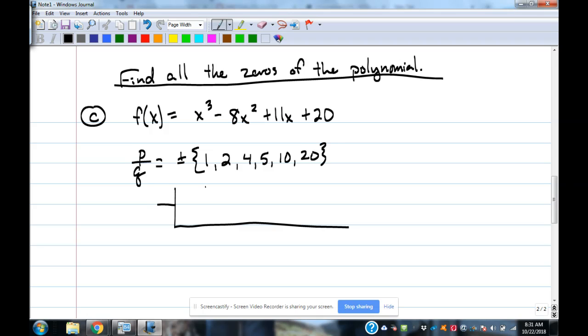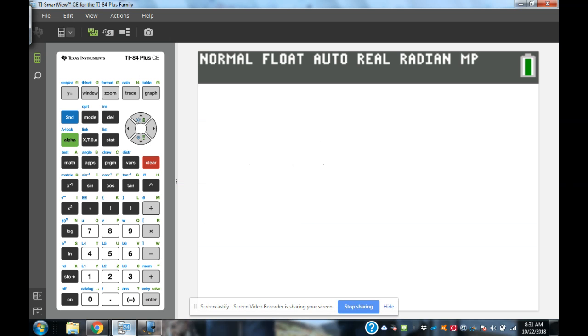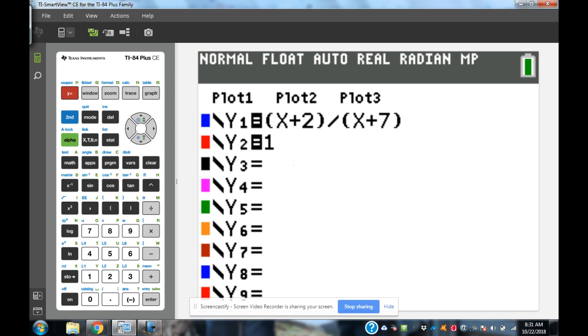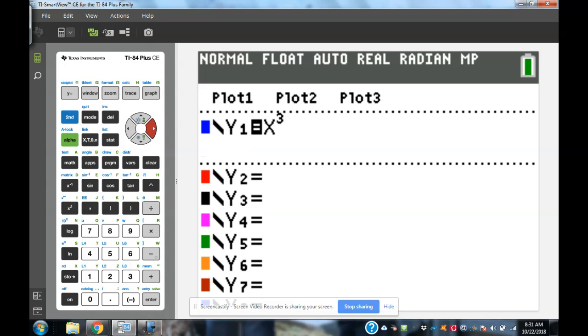So I'm going to set up my synthetic division first, and then we'll figure out what to put on the shelf. To figure out what you put on the shelf, you want to graph that polynomial. So we're going to hit Y equals. I'm going to clear out some stuff that I've got in there. I'm going to type in that polynomial, x to the third power minus 8x squared plus 11x plus 20.